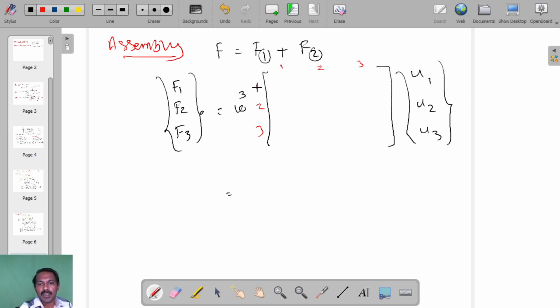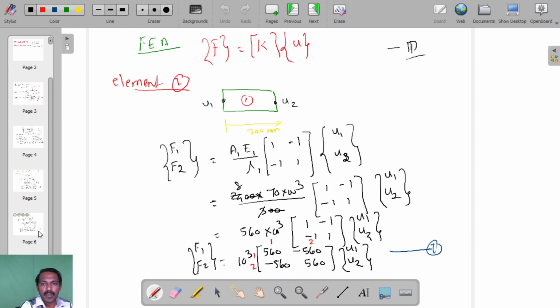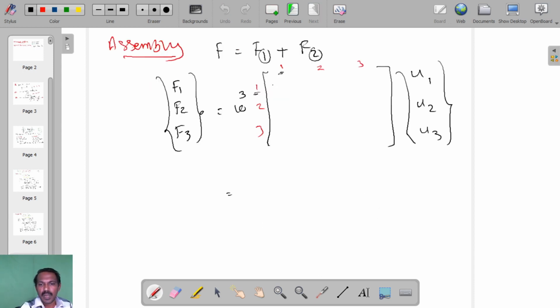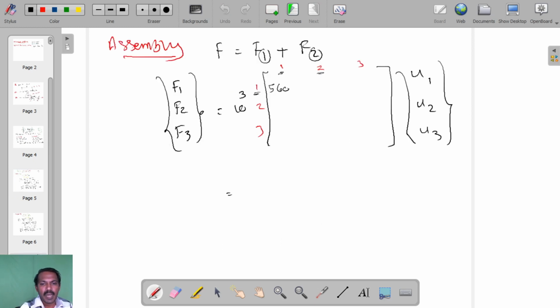Next we assemble. The first row, first column value is 560. Then the first row, second column value is minus 560.